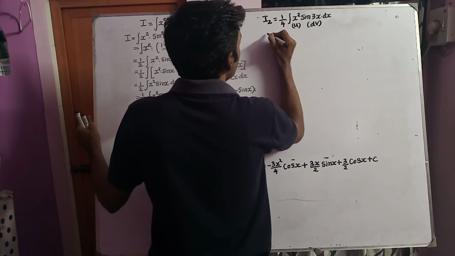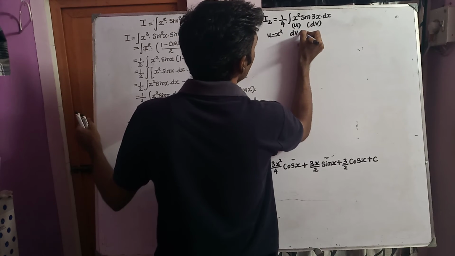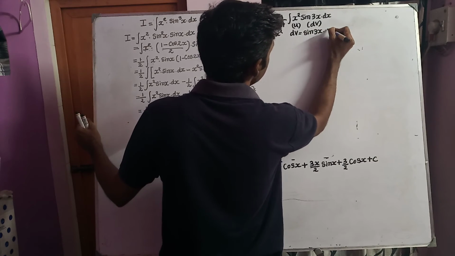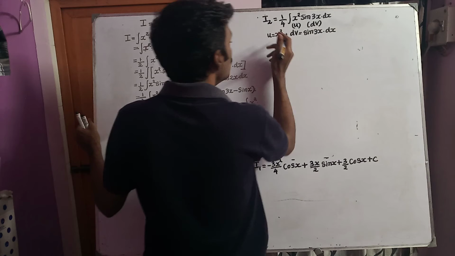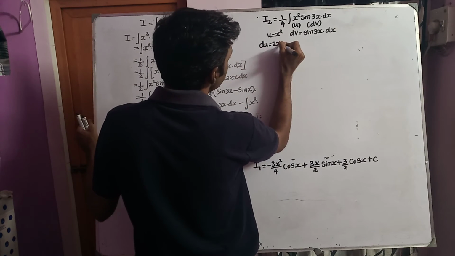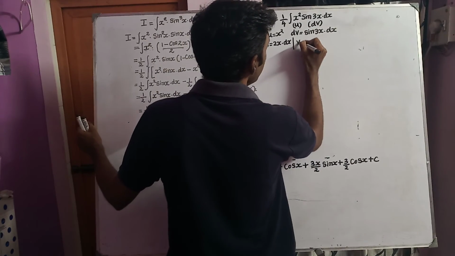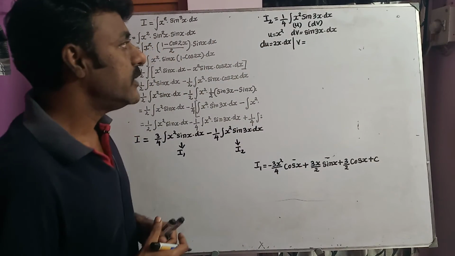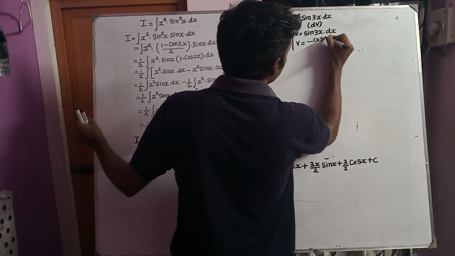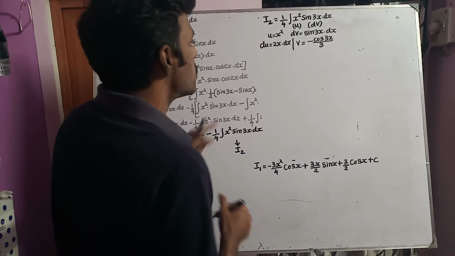So u will be equal to x squared and dv will be equal to sine 3x into dx. So u equal to x squared upon differentiation will become du equal to 2x into dx. And this dv upon integration will become v equal to integral of sine 3x, which will be minus cos 3x divided by 3. Okay, so I got the value.